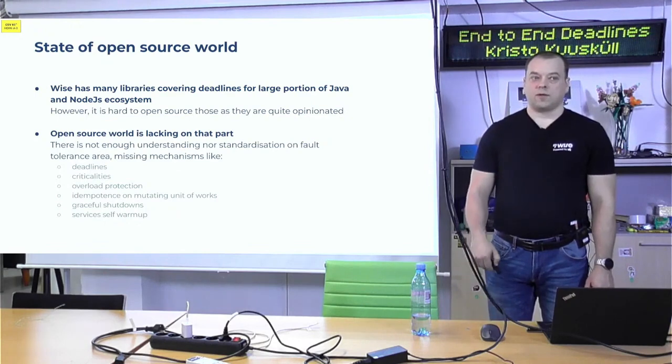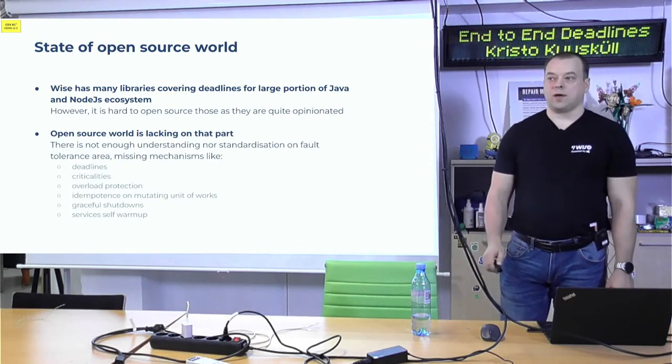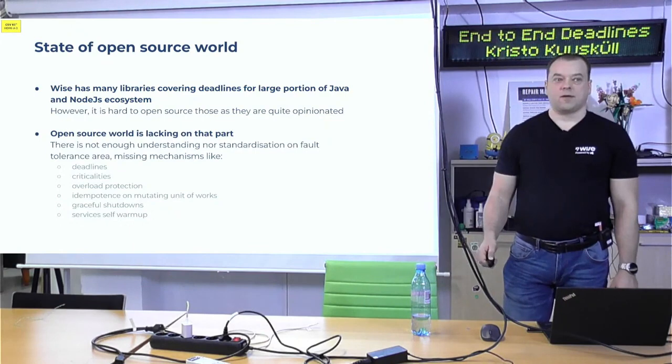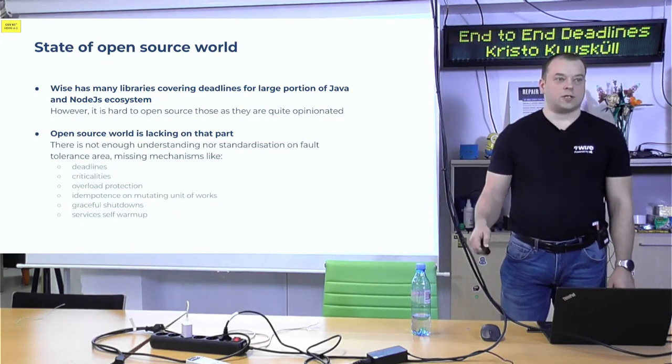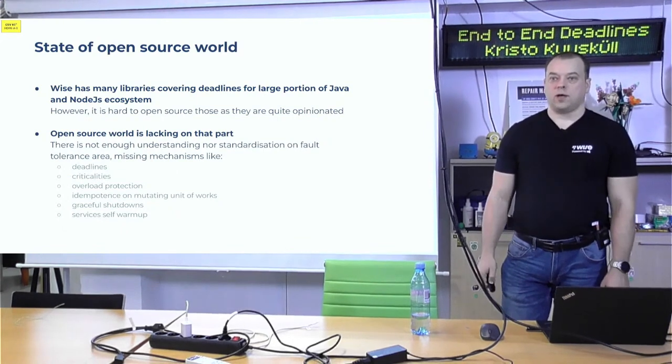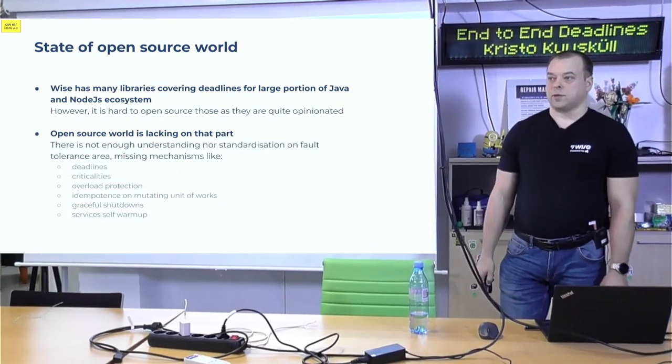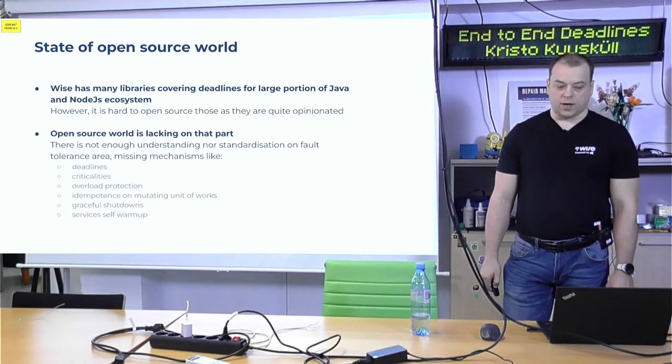If you would open source it, not just making the library public but supporting and covering all the different feature sets and use cases the world will need, it will need considerable investment. That is why we haven't done it.